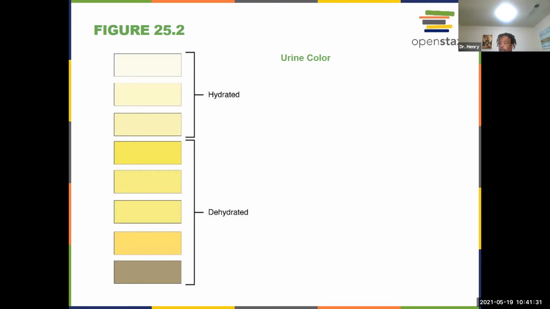And if you're urinating very little to not urinating at all, that is a huge problem. That means you have kidney failure, or you have an obstruction, a kidney stone, or a tumor, or your prostate has gotten so big that you're not able to urinate.